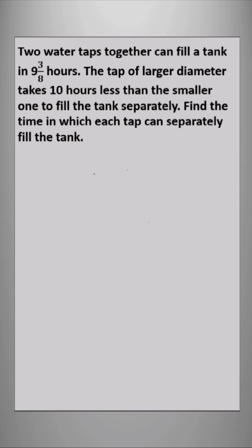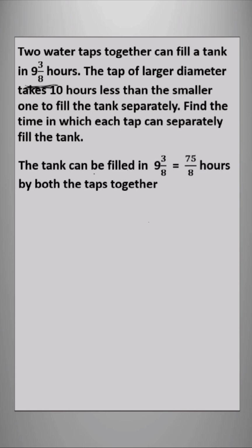The tank can be filled by both taps in 9 3/8 hours. Now let us write like this. 9 3/8 is equal to 75 by 8 hours, isn't it? Two taps together fill the tank in 75 by 8 hours.